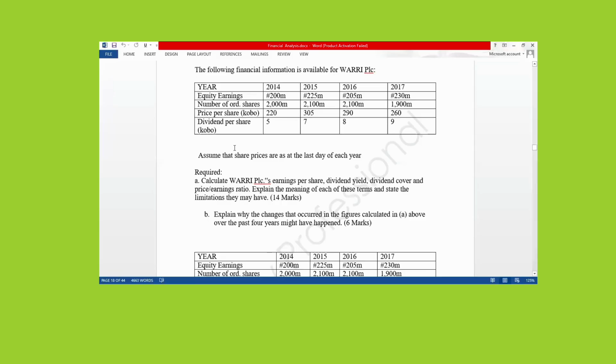You are evaluating the financial statements with a view to ascertaining the past financial performance of a company, as well as future financial prospects.